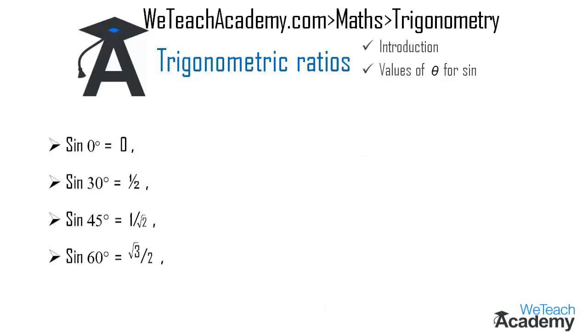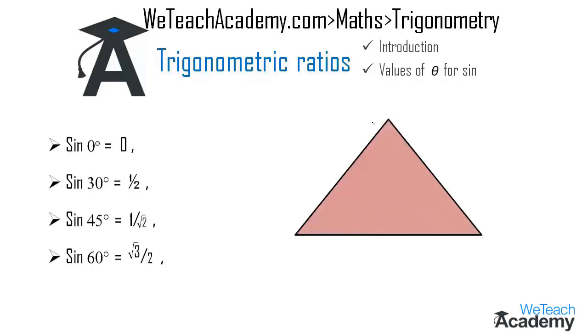So in order to prove that sin 60 degrees is equal to root 3 by 2, let us consider an equilateral triangle ABC with angle A equal to angle B equal to angle C as 60 degrees, and sides BC, AB and AC equal to 2A.